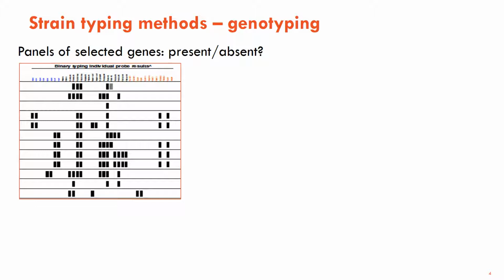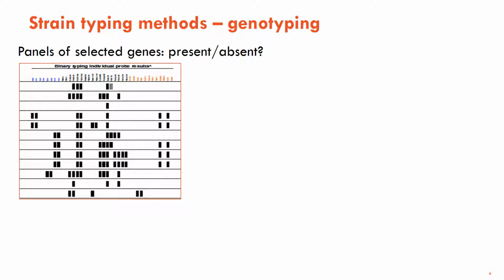There are many different strain typing methods. For example, we may select a panel of genes that we know are present in some but not all members of the species, and use probes to show which ones are present or absent in different strains by the pattern of the probes that react with each strain.